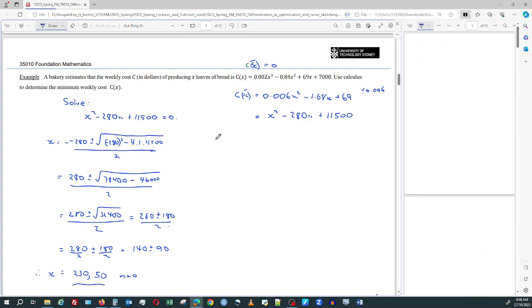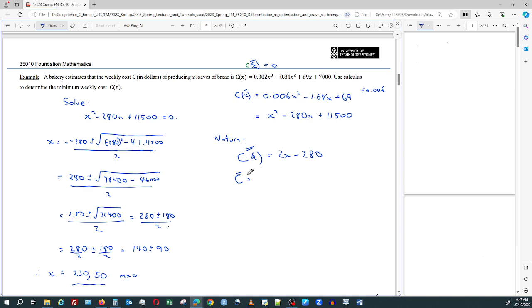So the nature will be, we can get the second derivative, and the second derivative will look like this. So we've got 2x minus 280. We have to test the values, don't we?